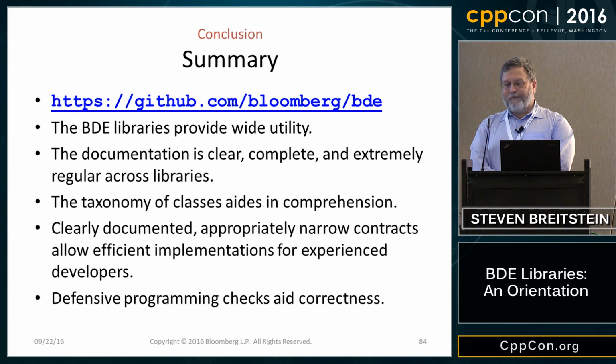Having a well-defined taxonomy aids in comprehension, and using narrow contracts without forcing checks where they're not necessary leads to efficient programs, if you use them correctly and use them responsibly, and can be handled by seasoned developers with appropriate training. Okay. Any questions?